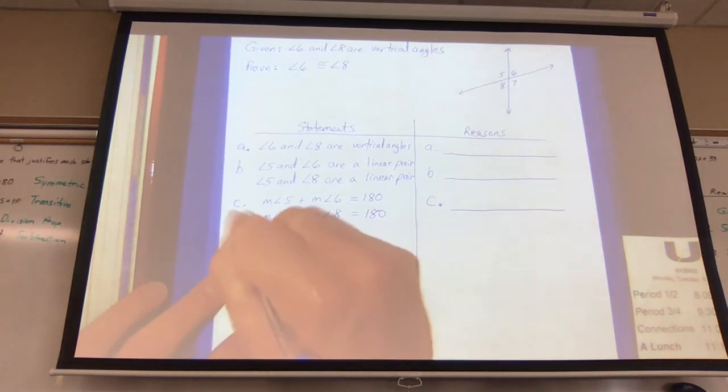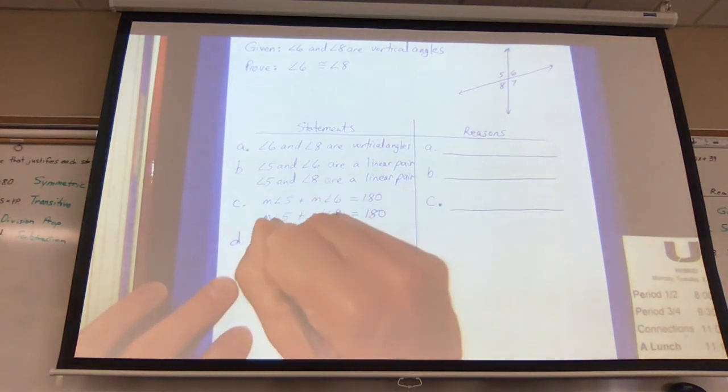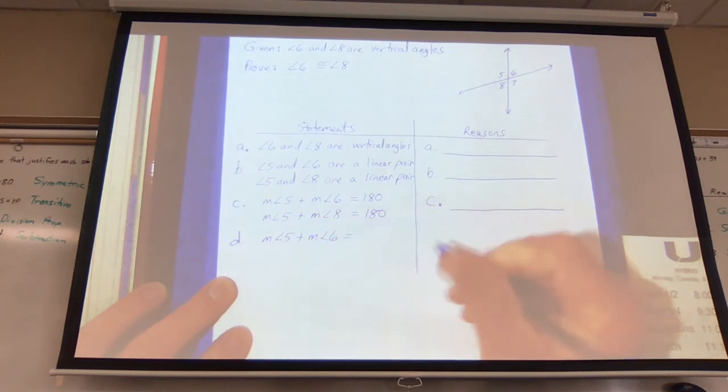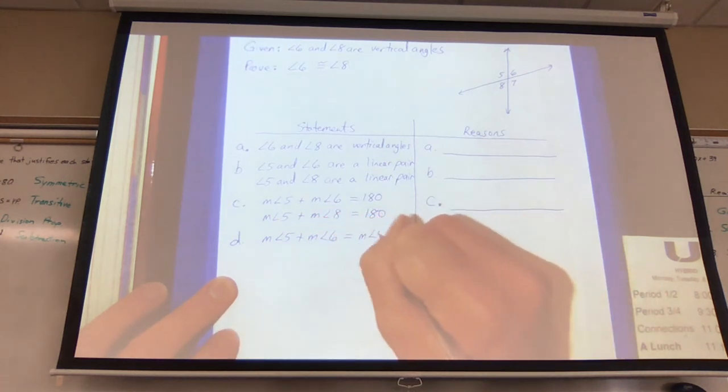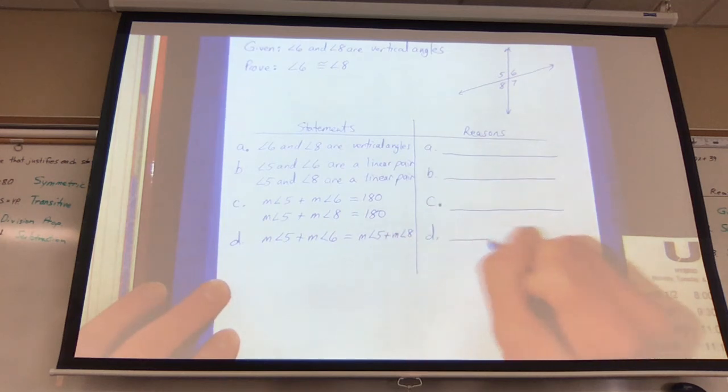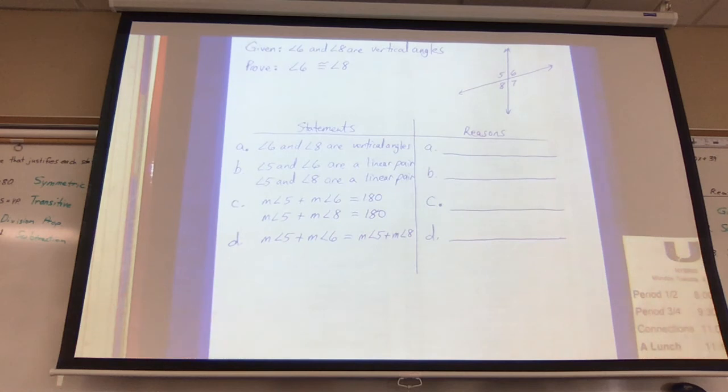Now we just got 1 step for each one of these. Step B says measure of angle 5 plus measure of angle 6 equals measure of angle 5 plus measure of angle 8.